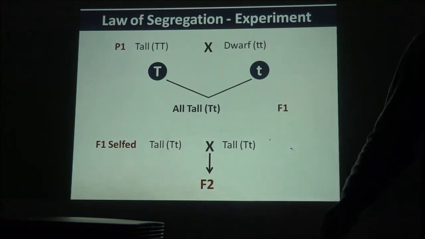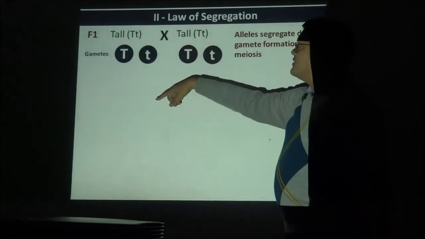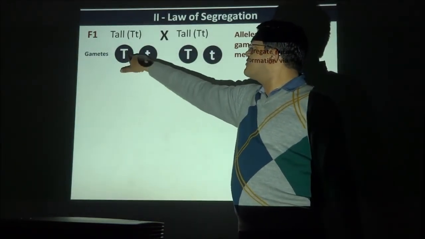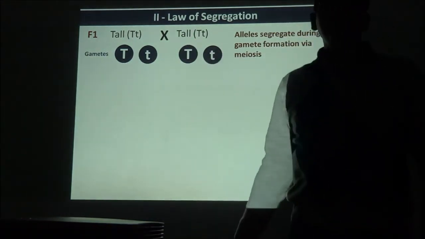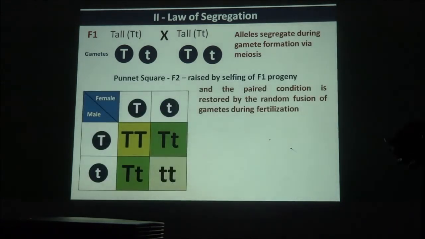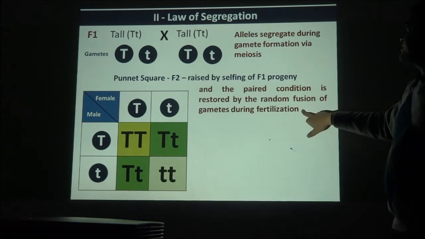So how does that happen? When the F1 individuals are selfed, they form two types of gametes, the capital T gamete and the small t gamete, likewise in the other parent. Alleles segregate during gamete formation via meiosis, and the paired condition is restored by random fusion of gametes during fertilization.